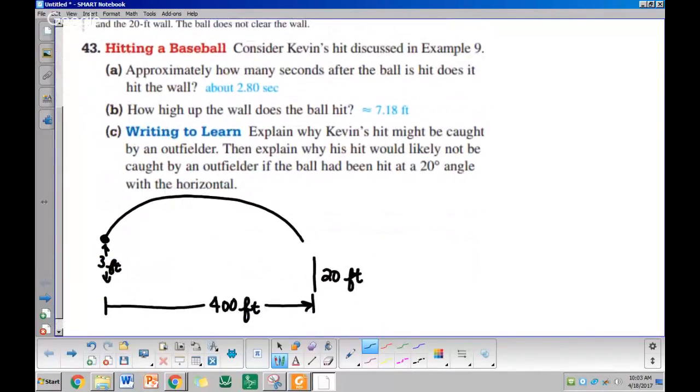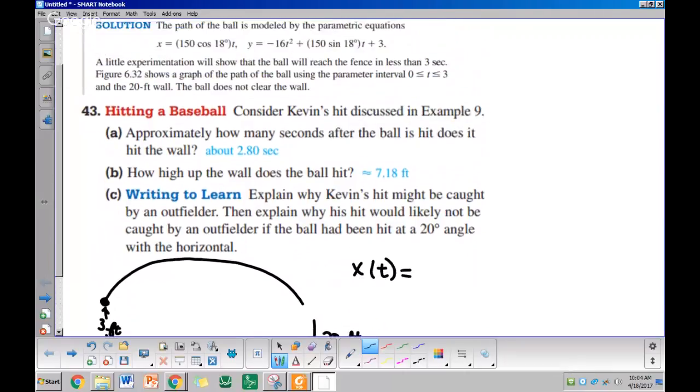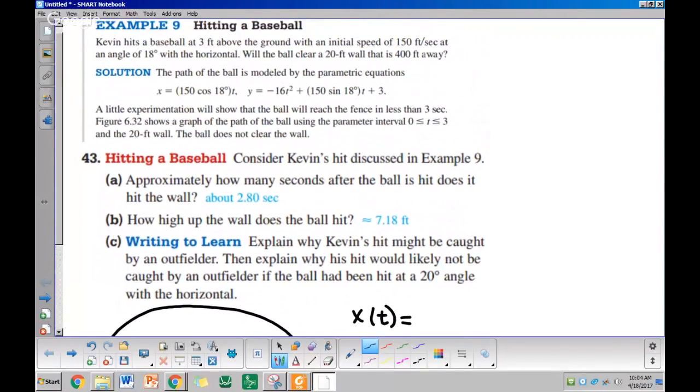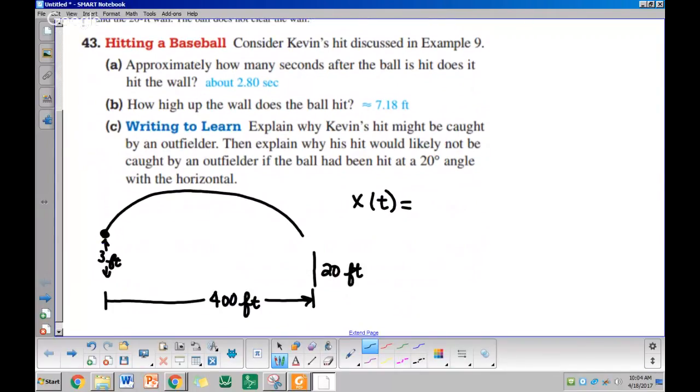So we need the parametric equations here. x of t is the horizontal distance, which will be its rate in the x direction, which will be 150 feet per second times the cosine of 18 degrees, and that's the coefficient.